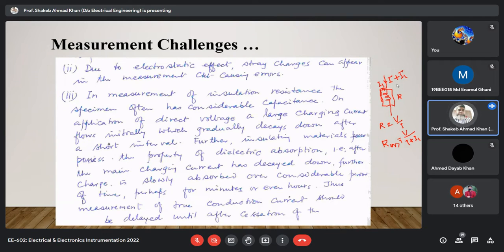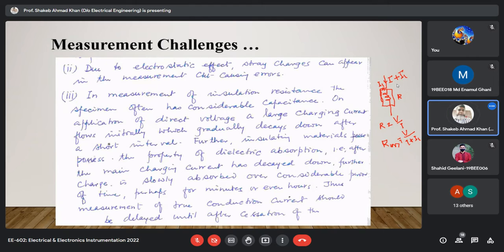Then there is the issue of charging current. If you are connecting an uncharged capacitance to a DC source, then at the starting, a huge amount of charging current flows. Again, this charging current we are not supposed to measure, because this is not conducting current.